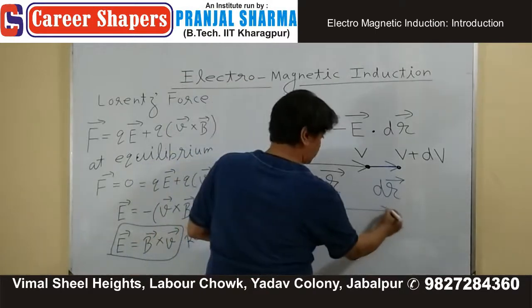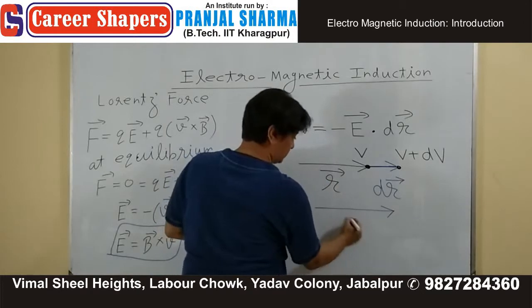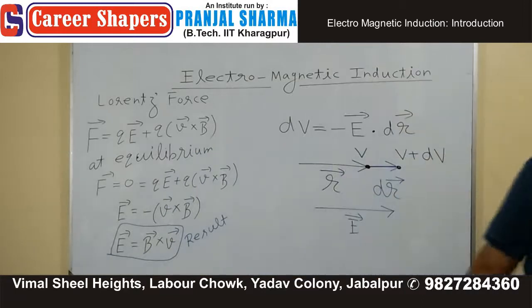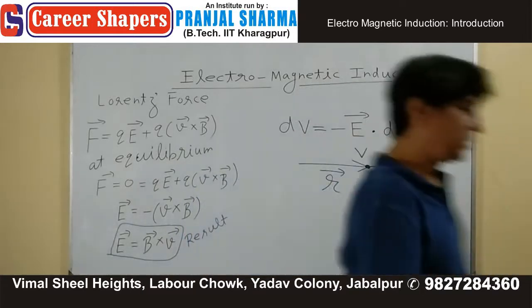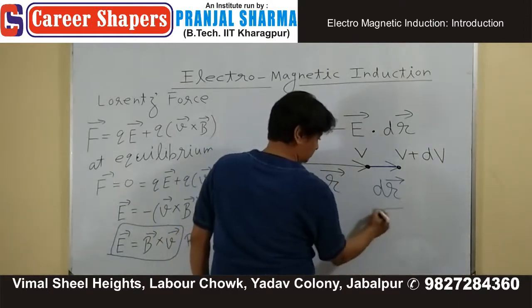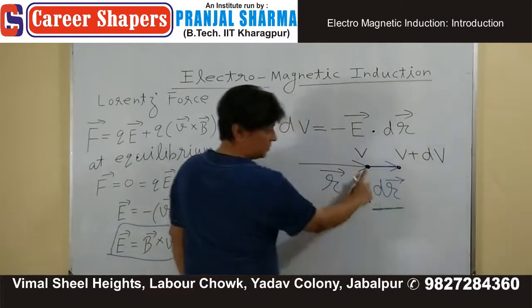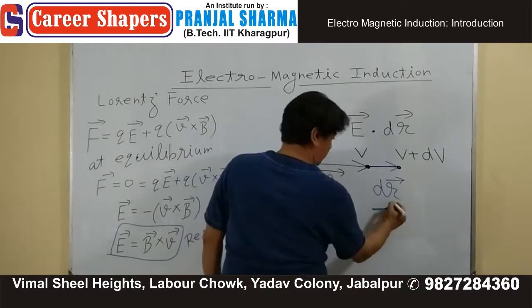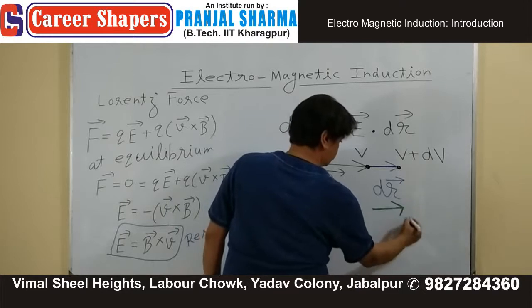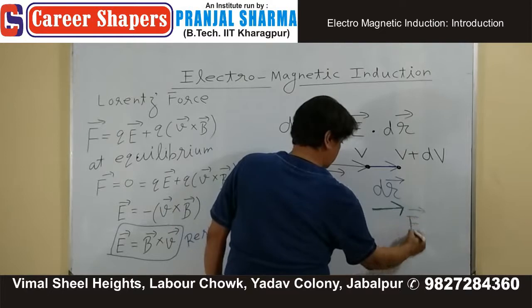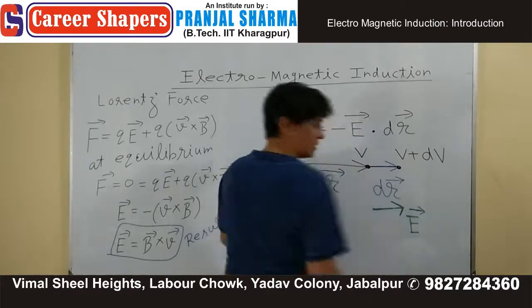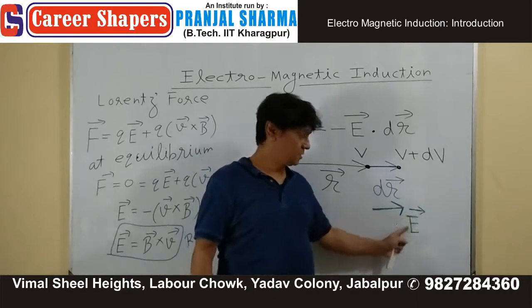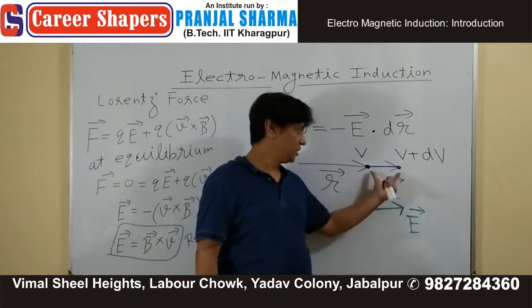What is that? Electric field in this region is E. And to be more precise, if you can see the green marker, in the region of dr, from this place to this place, the electric field is E. This is the E vector, and this is the direction of that electric field.